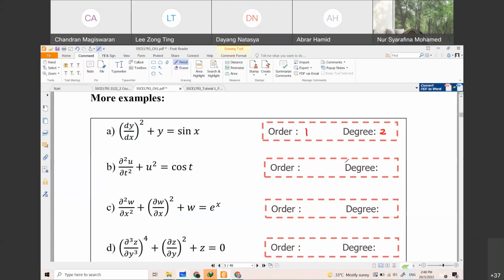Second order, first degree. Okay, good. The third one. Second order, first degree. Okay, good. Next one, the last one. Third order, fourth degree. All right, excellent. Okay, so now you understand.